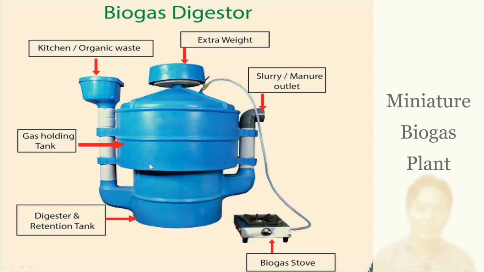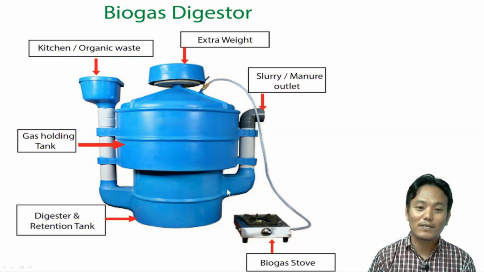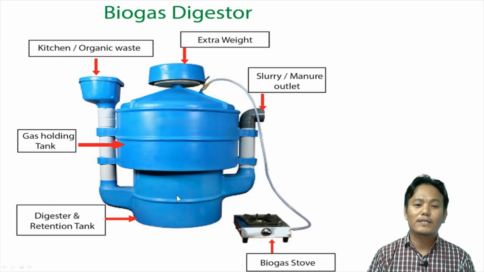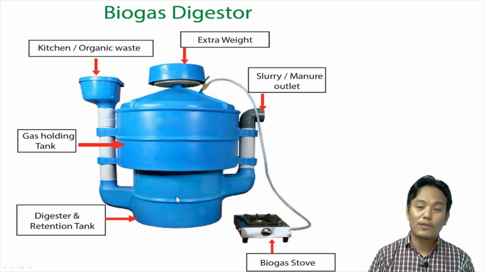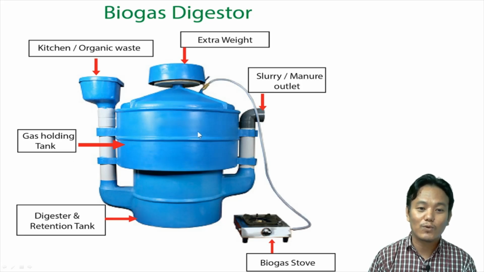Here is a model showing the biogas plant. This particular container acts like a biogas plant, and in this one you can see that we can mix different kinds of organic waste materials. Inside this tank, called the digester tank, the organic matter along with the kitchen waste gets decomposed or anaerobically broken down with the help of methanogens to produce biogas, which is collected within this gas holding tank.